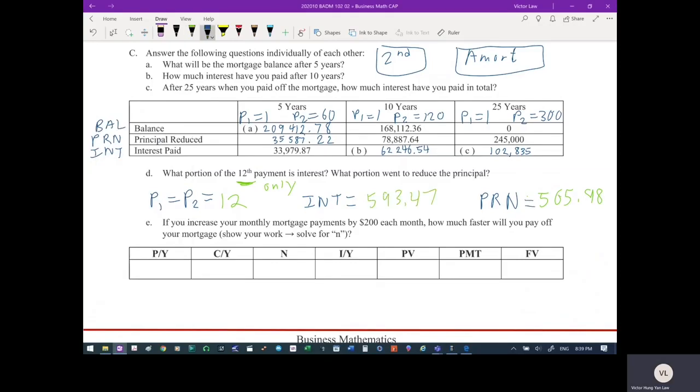When you analyze it, if you compare the interest paid and the principal reduction, you can see that in the 12th payment, a majority of your payment is interest. More than 50% of your payment actually goes into interest. So basically that means you're working for the bank, right?